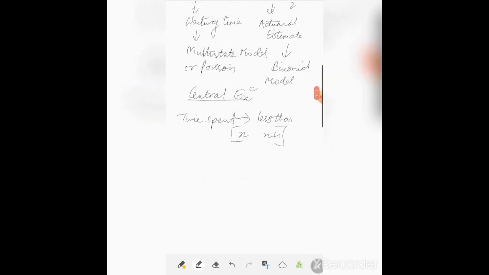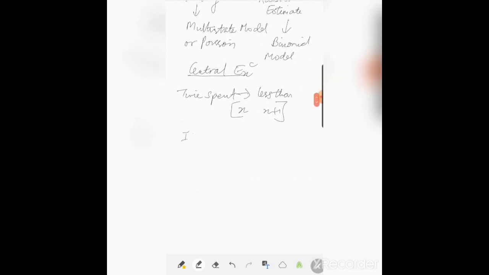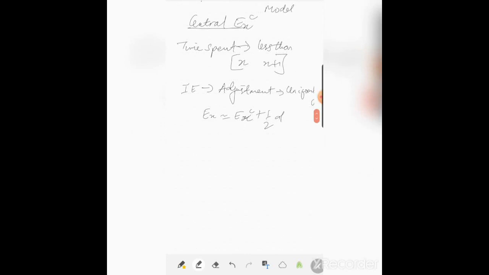Whenever we are working with initial exposed to risk, we have to make the adjustment that all the data that are occurring are uniformly distributed. Based on that assumption, we have derived the formula Ex is equal to Exc plus 1 over 2 D. Even if I'm going with the multiple decrement table, I can very well accommodate the central exposed to risk.